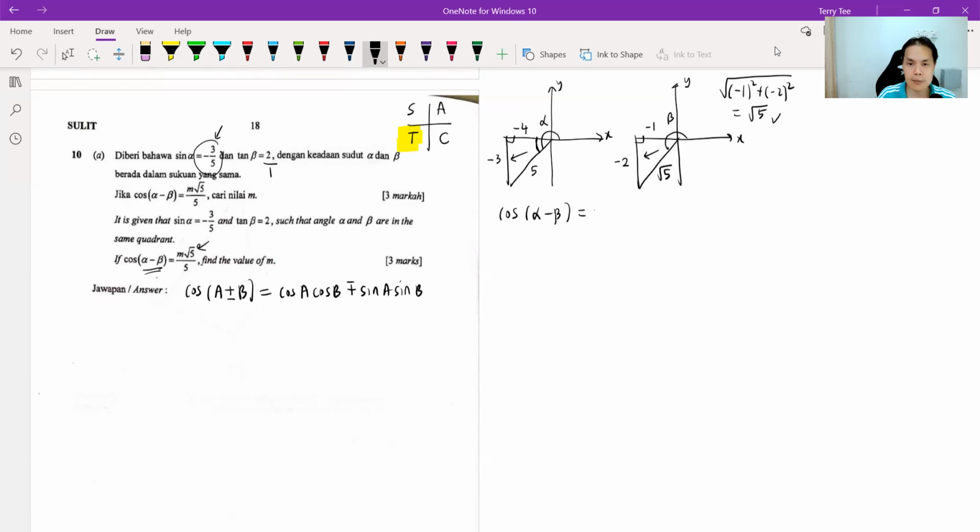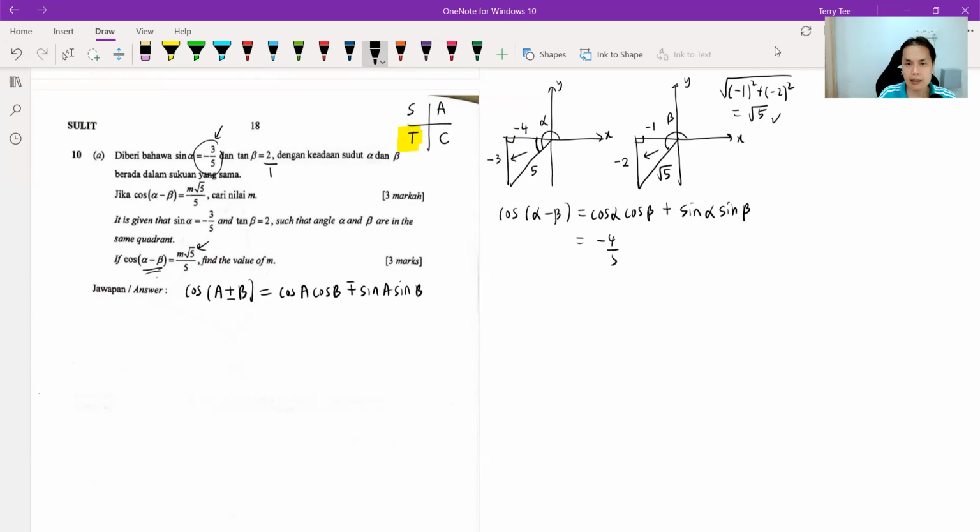So let's expand. Cos alpha cos beta plus sine alpha sine beta. My cos alpha, if I read from here, is negative. Cos is adjacent over hypotenuse. So it's negative 4 over 5. Let's write this down.